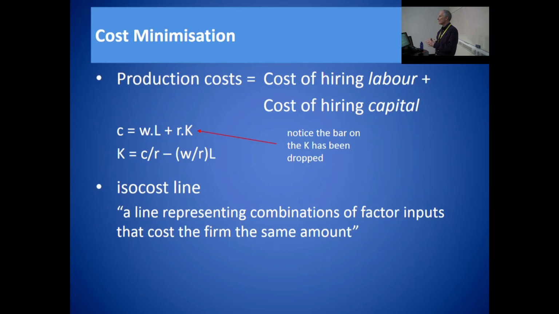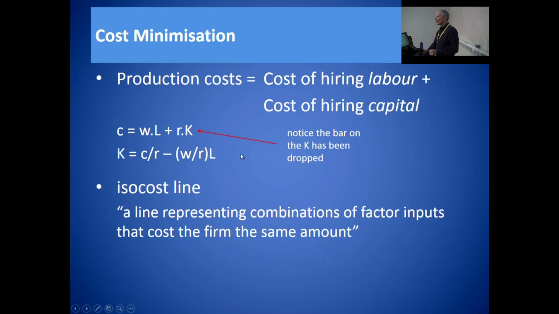So starting from that very, very explanatory starting point, production costs, cost of hiring labour, plus the costs of hiring capital, we can easily derive that expression there, which is the firm's ISO cost line. Combinations of factor inputs that cost the firm the same amount. So that's the ISO cost line.